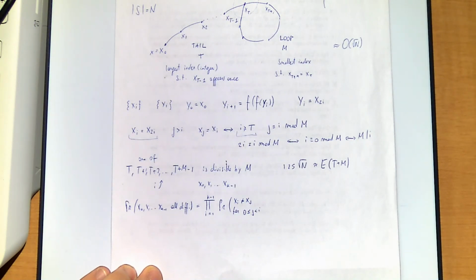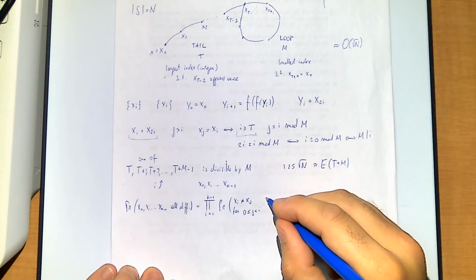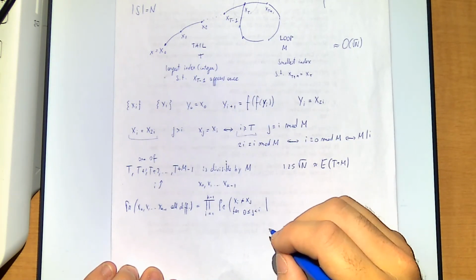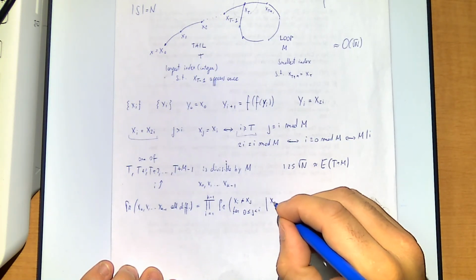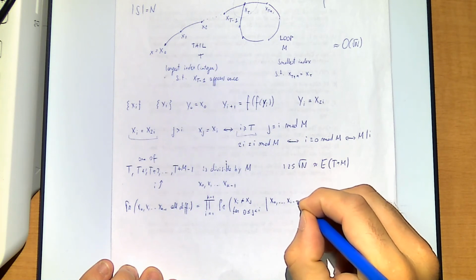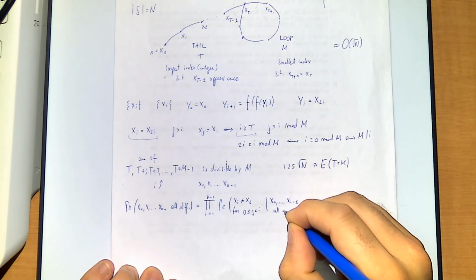So one i at a time, I fix the first one. Then the second one has to be different from the first one. Then the third one has to be different from the previous two. And the fourth is it, right? Given, so it's a conditional probability, that x0 through xi minus 1 are all different.